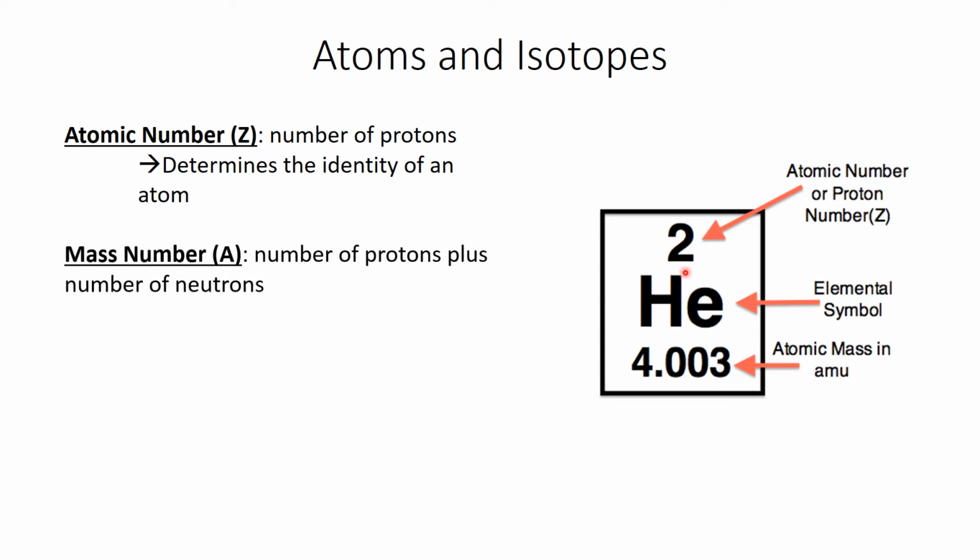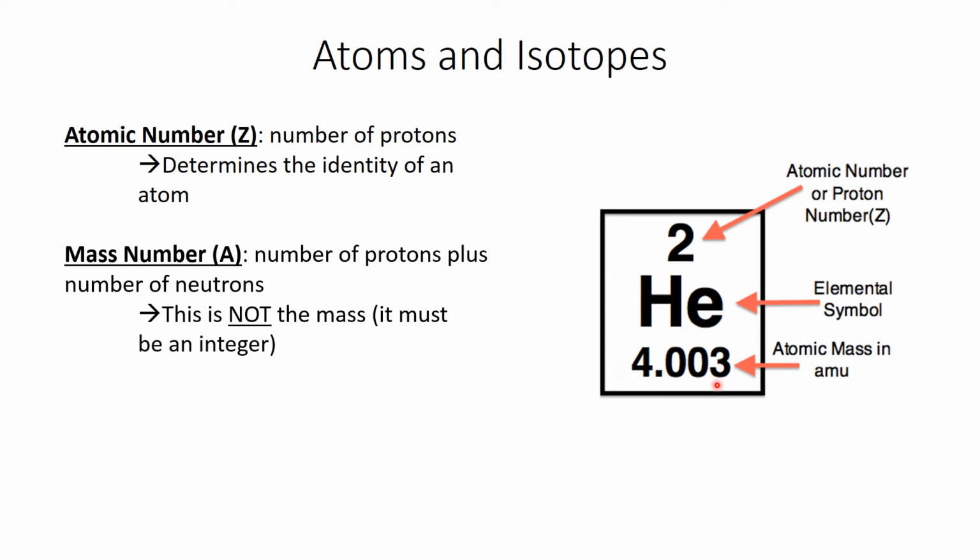The mass number is the number of protons plus the number of neutrons. Okay, so if I take the number of protons and add it to the number of neutrons, that is my mass number. That's symbolized as A. And this is not the same thing as the atomic mass, which is written in the periodic table block.